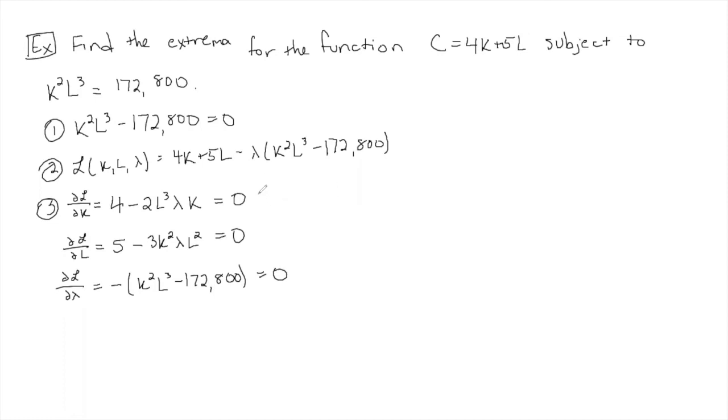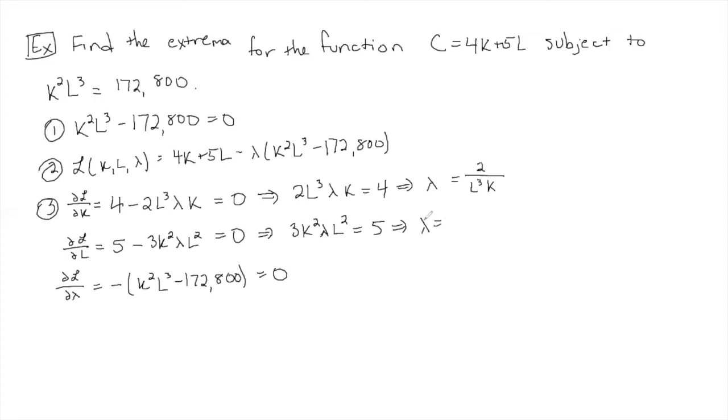Okay, so again, solve for lambda. I get 2L cubed lambda k equals 4. Divide by 2 gives me a 2, and then divide by everything that's not lambda. I get lambda equals 2 over L cubed k. Here, let's do the other way, 3k squared lambda L squared equals 5.